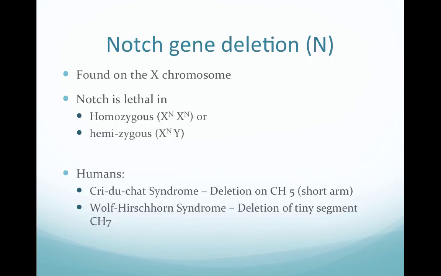A second syndrome that we see happening in humans is Williams syndrome, and this is where we actually see a deletion of a tiny segment of chromosome 7, and that's going to cause the gene elastin to not be expressed.